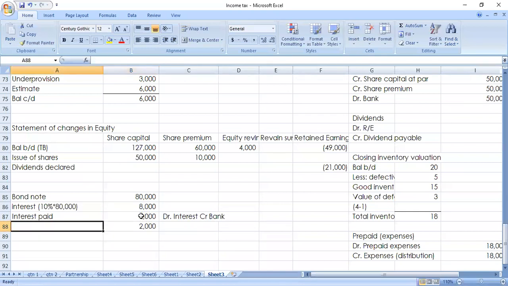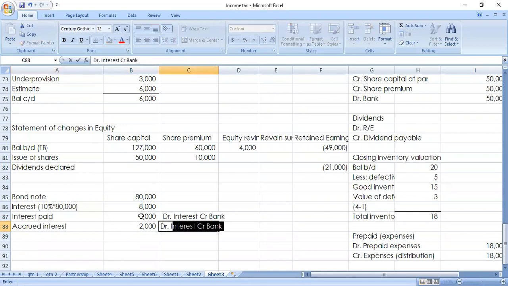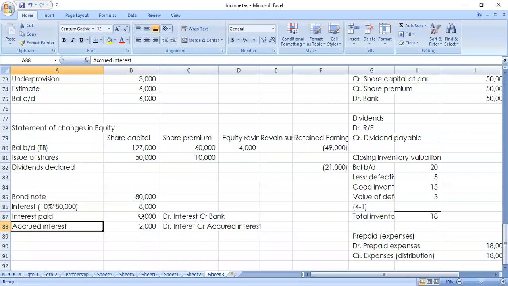Now the treatment of this one, so this is accrued, outstanding interest. You're supposed to debit the interest expense and credit accrued or outstanding liability. The summary of this is, remember this is not an entry, but you're seeing that the interest is supposed to be 8K in your profit or loss. Then they paid 6,000, but the 2,000 didn't get paid. So the 2,000 becomes accrued.